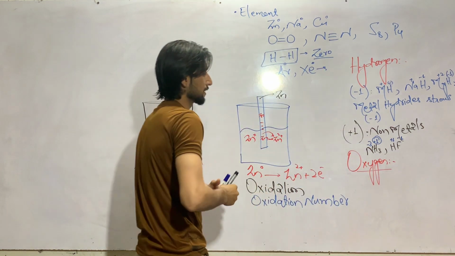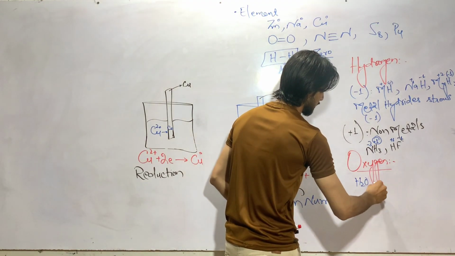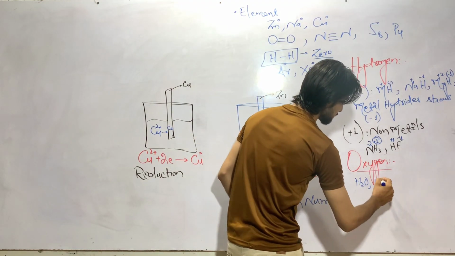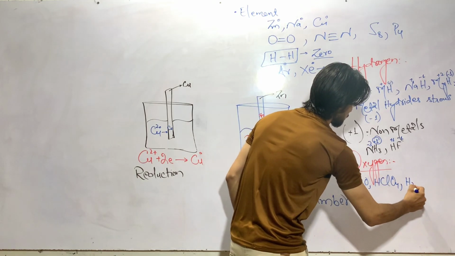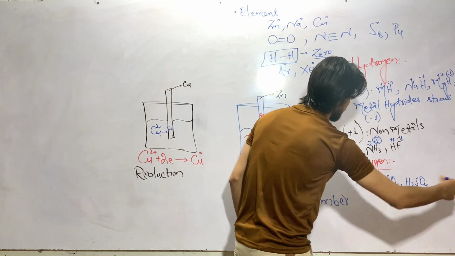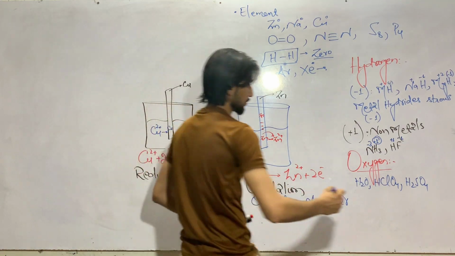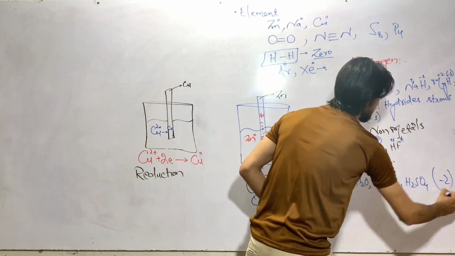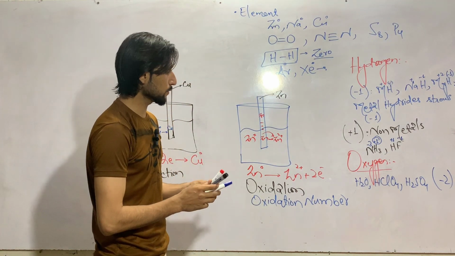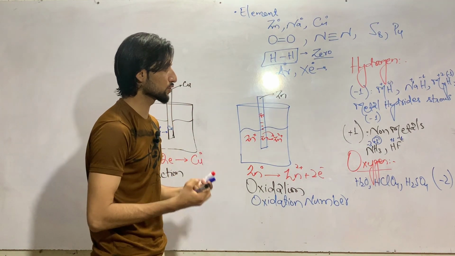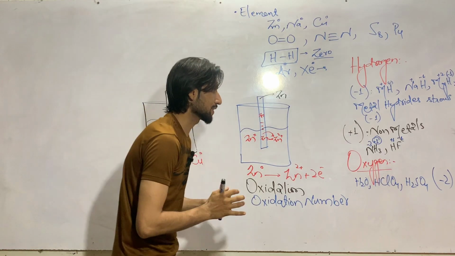Oxygen, you will find it in all its compounds like H2O, like HClO4, like H2SO4, etc. in -2 oxidation state. But just in a few things you must remember, that in a few compounds oxygen shows different oxidation states, and we will talk about it.